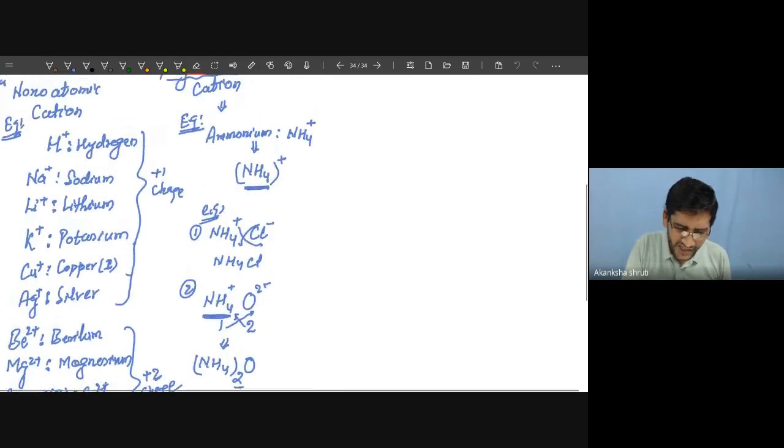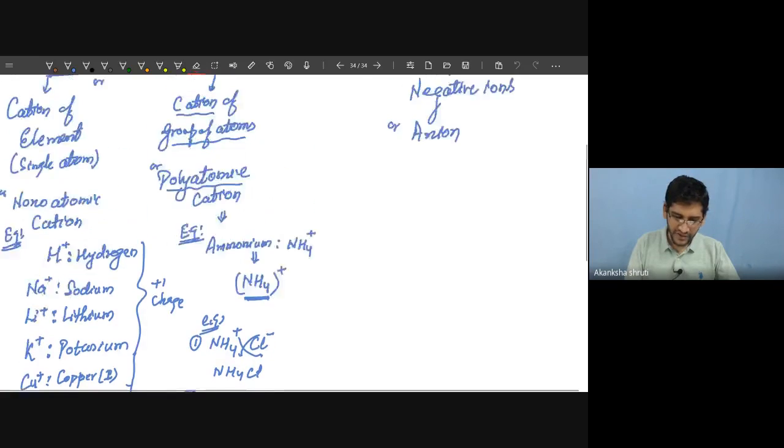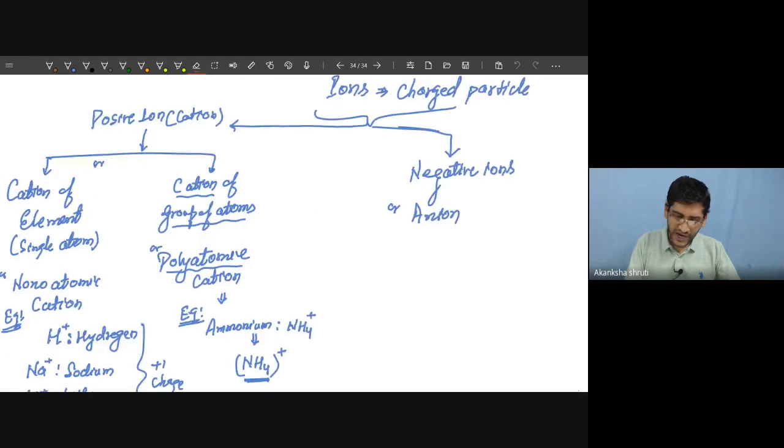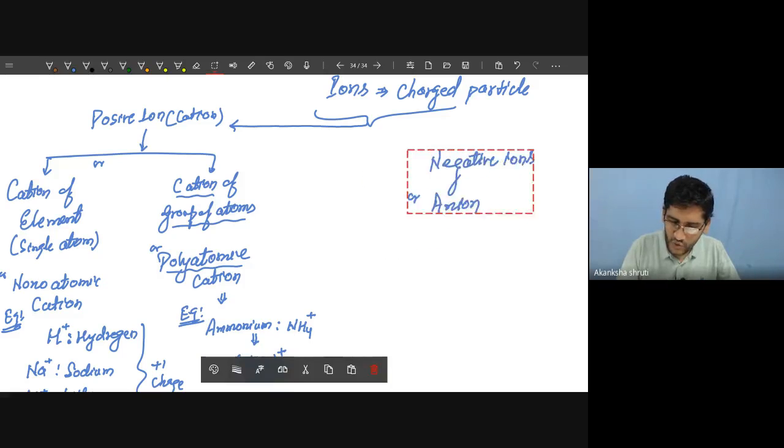Now let us come to the polyatomic with negative charge, or the negative charge ions. For this, what are the various groups and categories that we have to keep in mind? Like positive ions, these negative ions can also be divided into 2 groups.